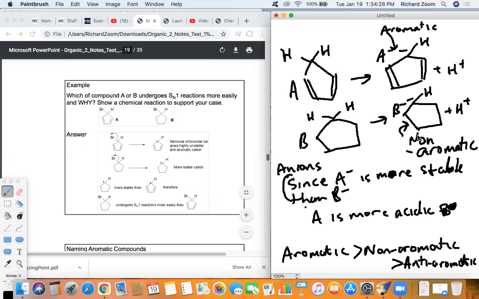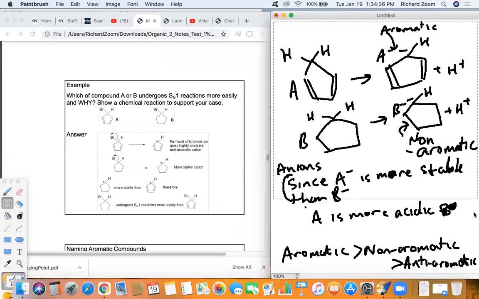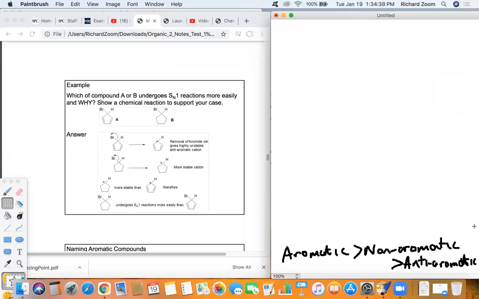When we're dealing with SN1 reactions, what we're dealing with is cations. So if you remember what an SN1 reaction is, and I know you've all done them, so don't lie to me and tell me you haven't. No matter where you went or where you came from, you would have seen this before.